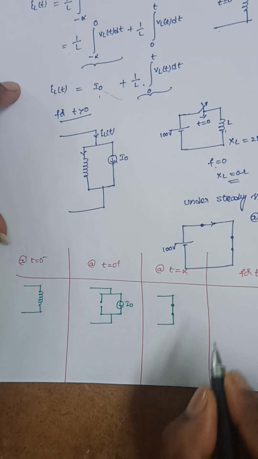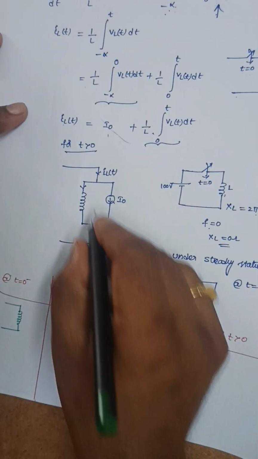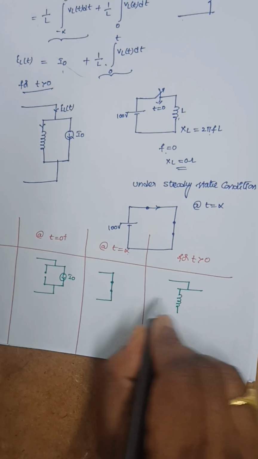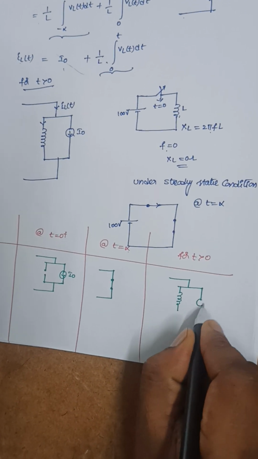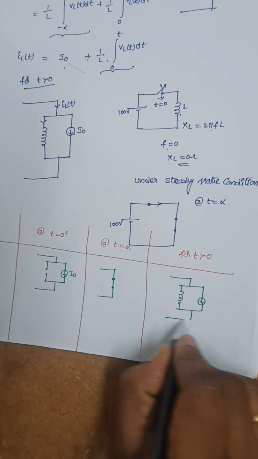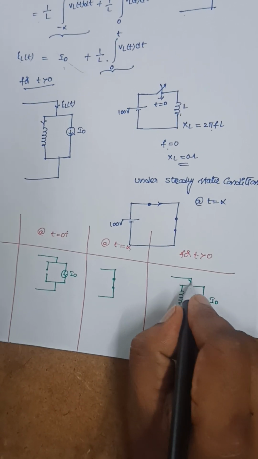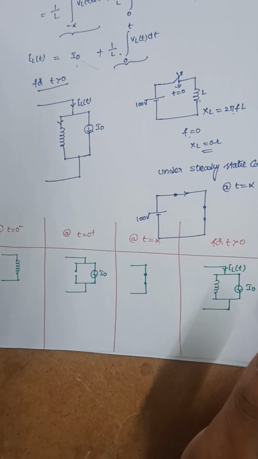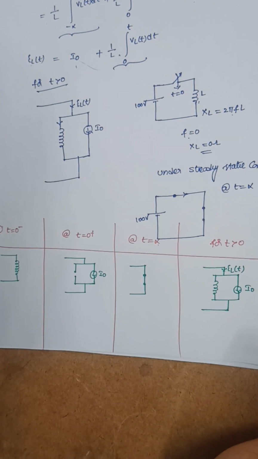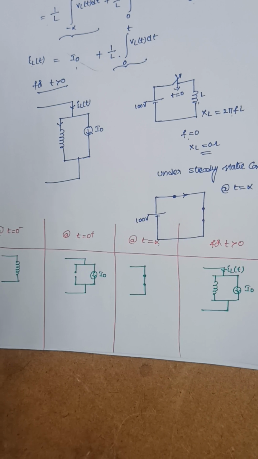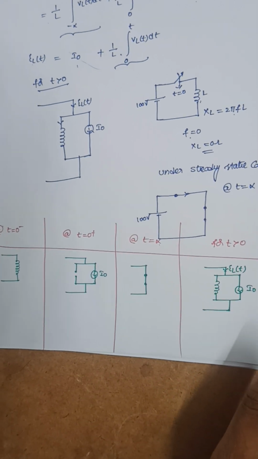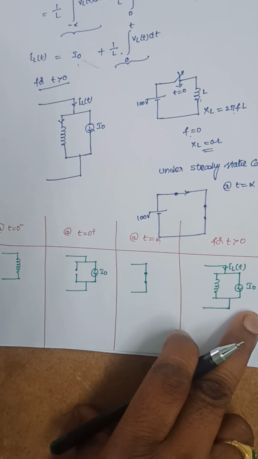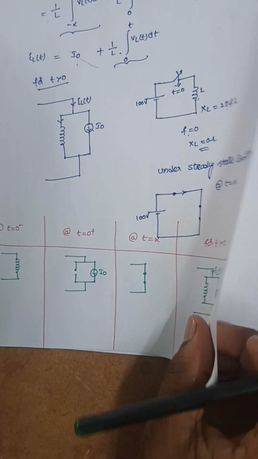And for t greater than 0, as I just explained, I can represent this inductance like this. This is I0, this is i of t. These four representations of the inductor are important for solving the problems. This is the procedure for that.